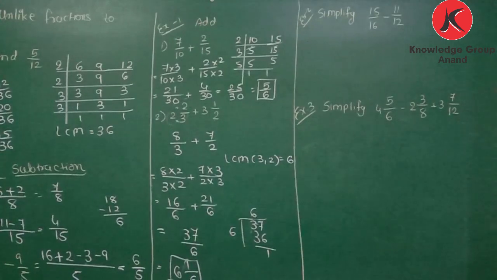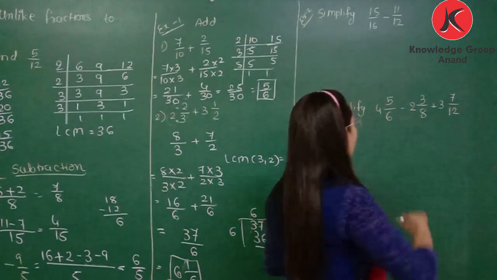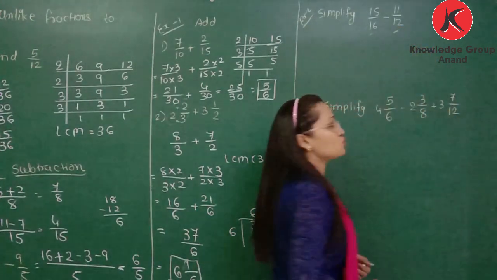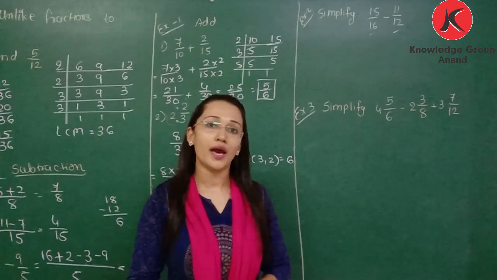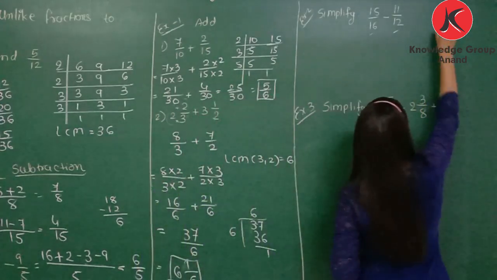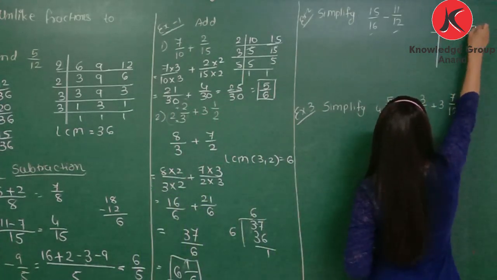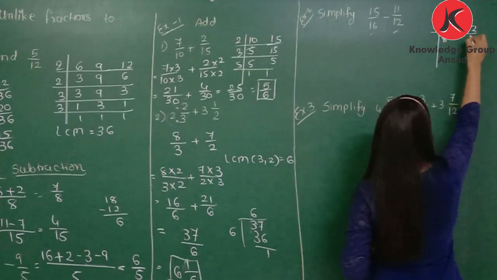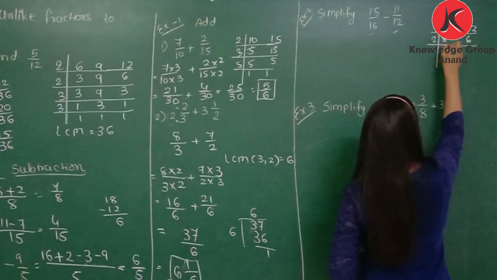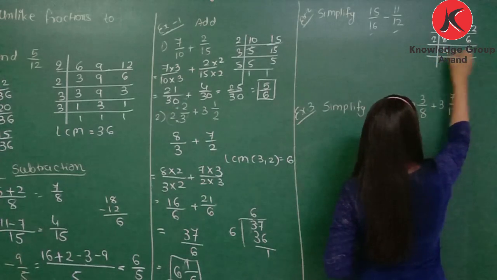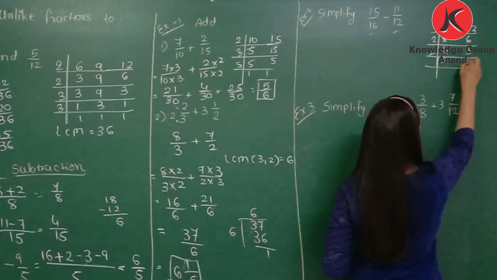Now let's take one more example: simplify 15 by 16 minus 11 by 12. So here the denominators are 16 and 12. So what we need to do? Take the LCM of 16 and 12. So 2 8s are 16, 2 6s are 12, 2 4s are 8, and 2 2s are 4.